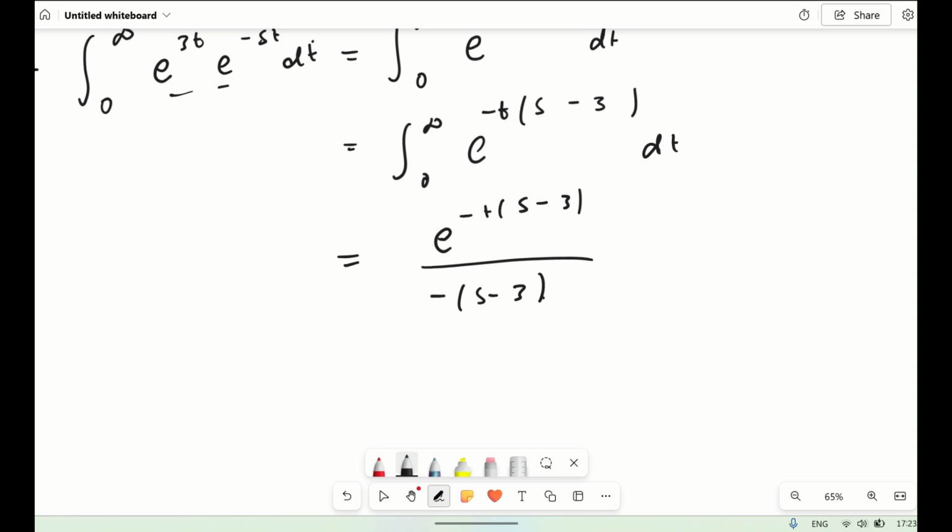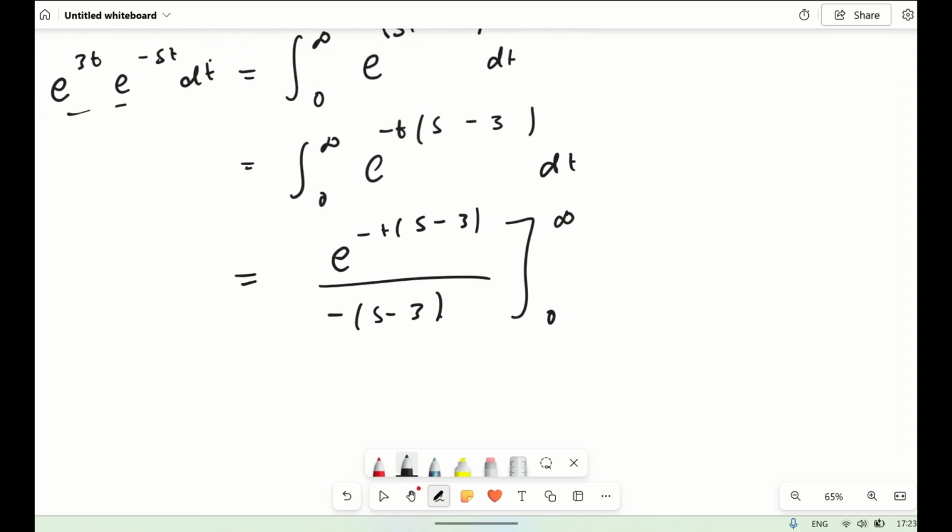It's like you take everything but t and divide by it. Now this one ranges from 0 to infinity. And the reason why I've taken out the negative t is because when I substitute infinity for t, it's going to approach 0.